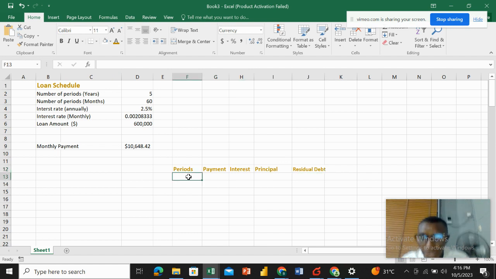So the period, you said it's going to cover 60 months. The loan term is going to cover 60 months.